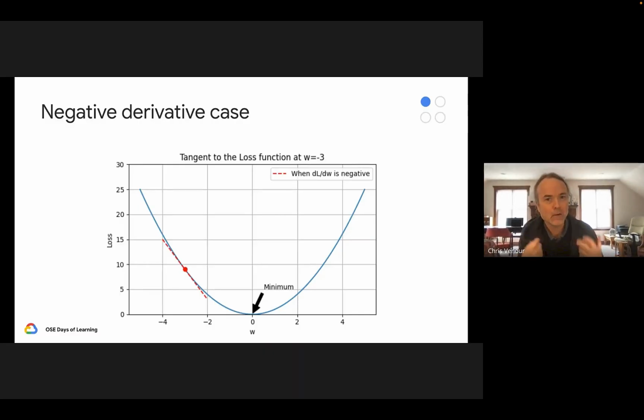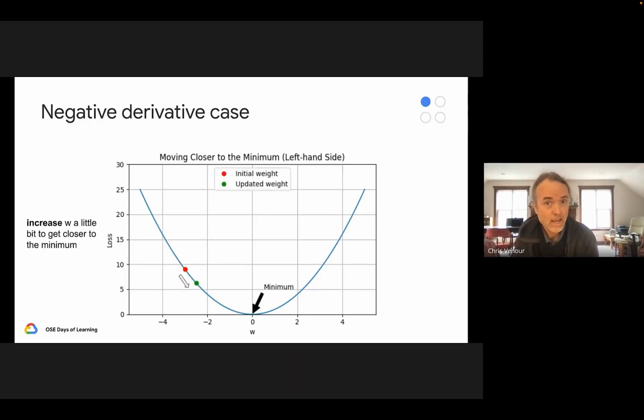Here's an easier view of it. If the derivative of the loss function with respect to a weight is negative, that means we're on the left side of the loss function. In other words, the tangent line on the left side of the graph has a negative slope. And so in that case, backpropagation is going to add a small number to the weight W1 in order to get closer to the minimum.